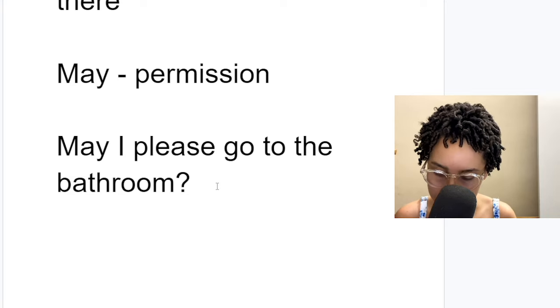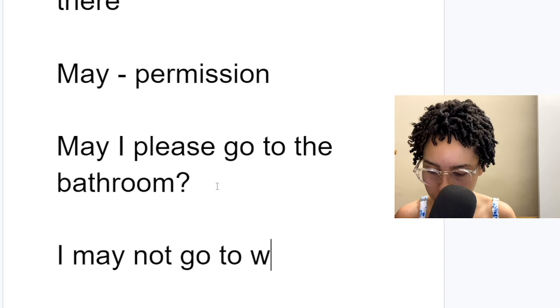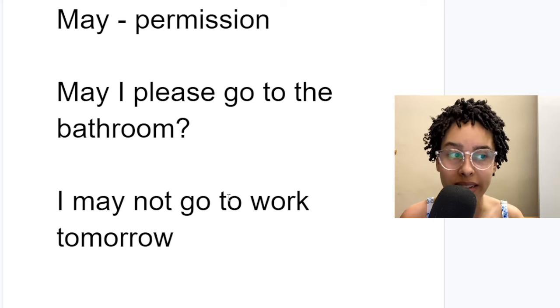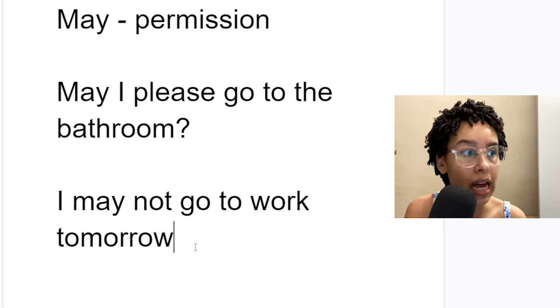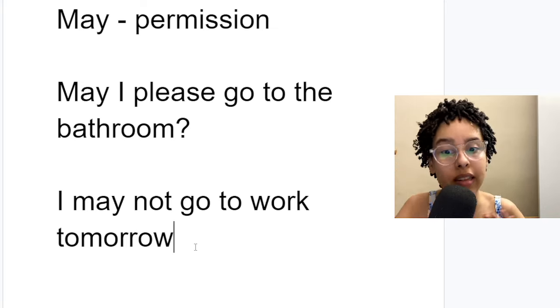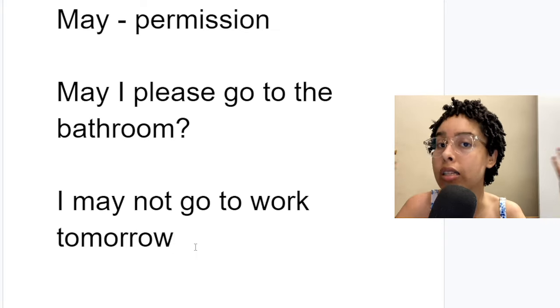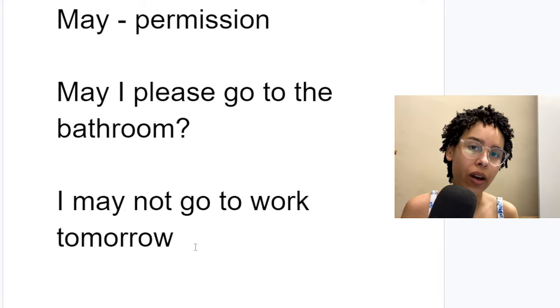For example, I may not go to work tomorrow. So you understand this? I'm saying that it's possible that I won't go tomorrow. I'm not saying that I won't go, and I'm not saying that I will go, but I'm saying that I'm in the middle. I'm saying that it's possible that maybe, perhaps, I will not go.